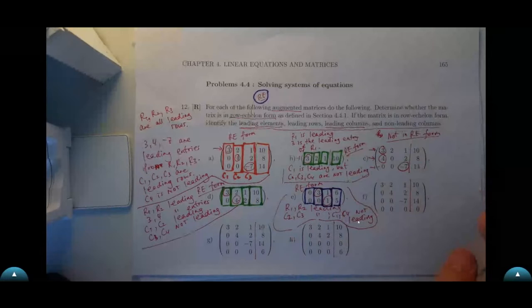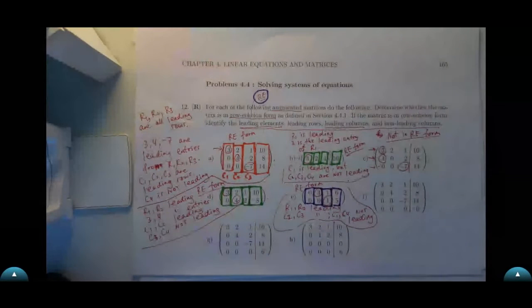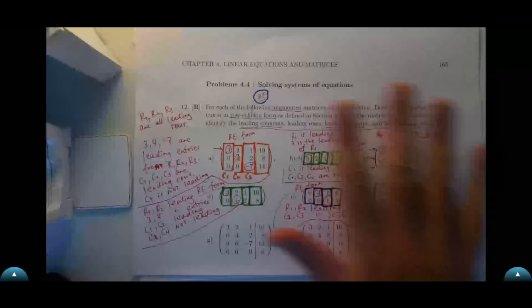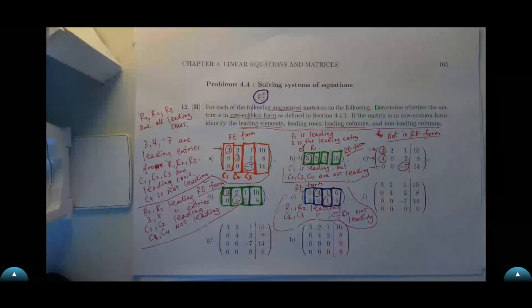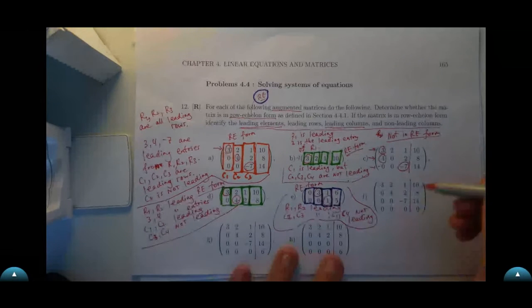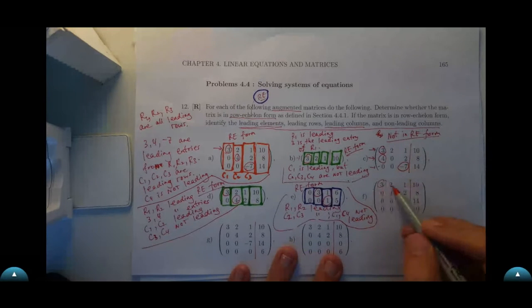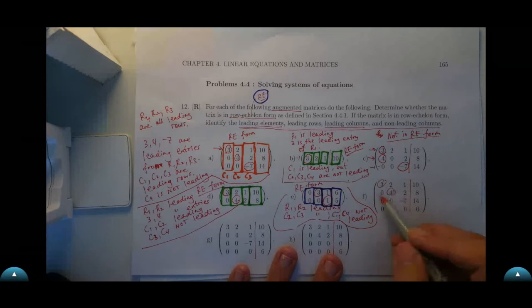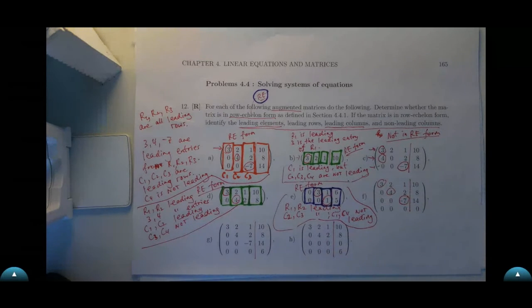All right, let's do one more, and then we can talk about a slightly different variation on this. Let's look at column one. There's the first non-zero entry of row one. There's the first non-zero entry of row two. There's the first non-zero entry of row three. Row four is full of zeros, so that can't be a leading row, by definition.